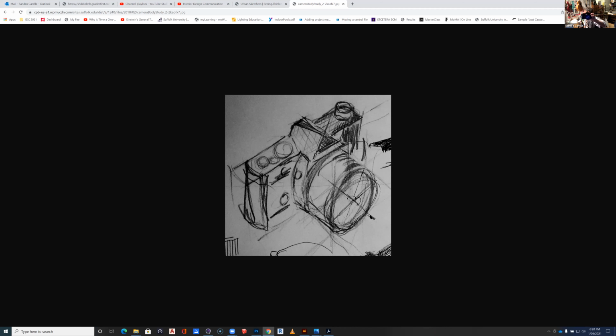If I look at the camera straight on, that's a circle. When I tilt the camera this way, see how the front of that becomes an ellipse?